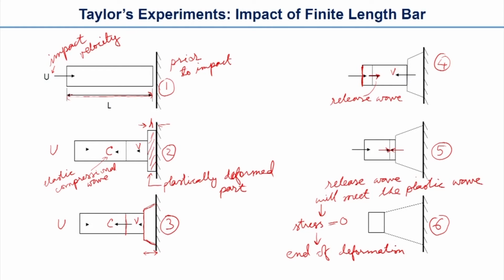This is basically the interaction of the release wave with the plastic wave. A release wave is the reflected elastic wave from the back surface. The interaction of the release wave and the plastic wave will reduce the stress to 0, and that is the end of the deformation. Now as you can see, the length of the bar is slowly reducing from step 1 to step 6.